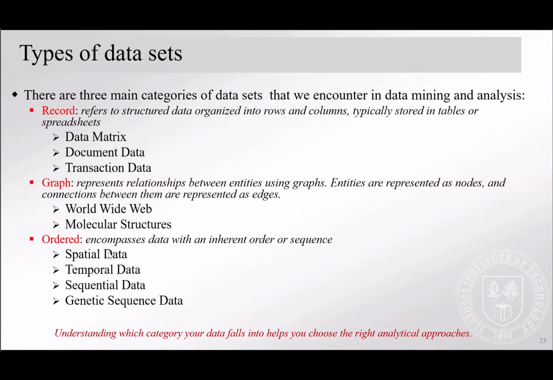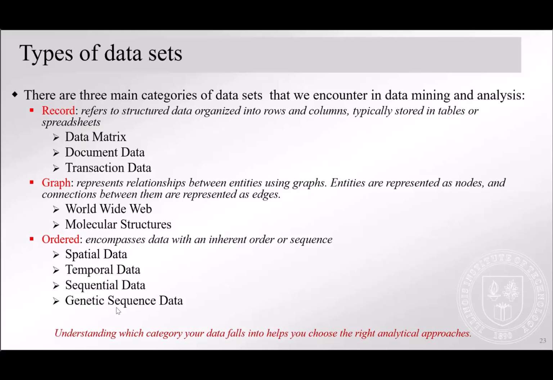And finally we have ordered data. Here, sequence matters. This covers a lot of ground. Spatial data like GPS coordinates. Temporal data: time series, stock prices, sensor readings. Sequential data, for example text and speech, where order matters in general.